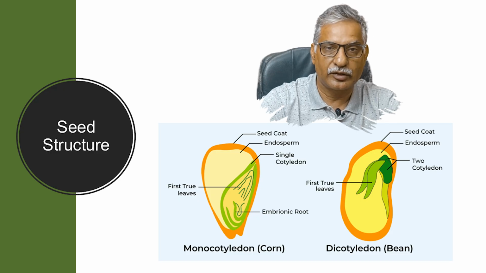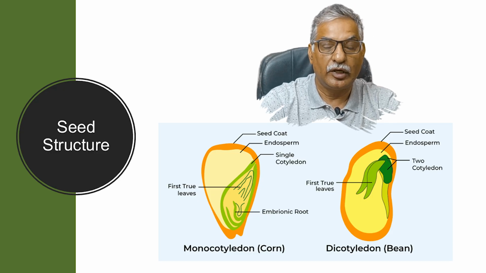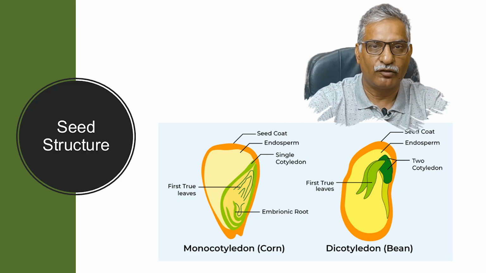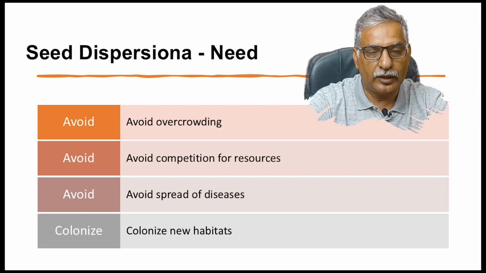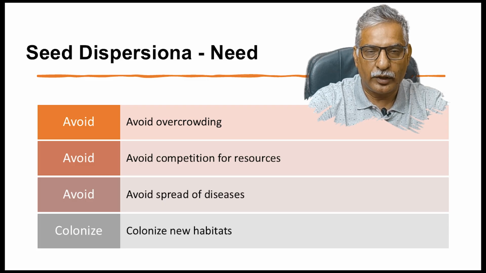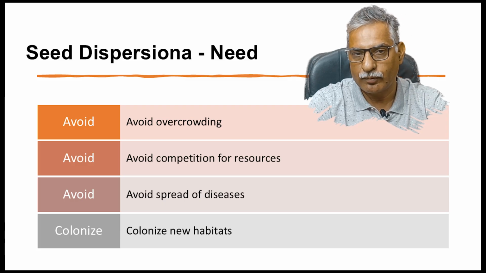But these seeds need to be dispersed away from the parent plant. Why do parent plants need their offspring, their seeds, to be dispersed away? Because parent plants want to avoid overcrowding in the area. They want their seeds to germinate in new areas, new habitats, new localities.